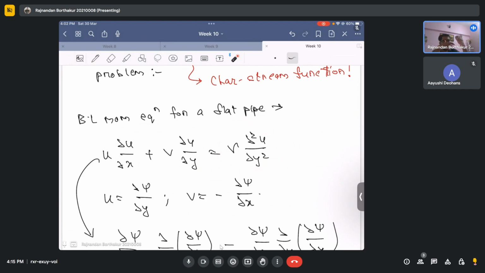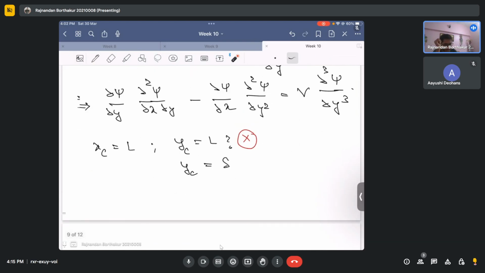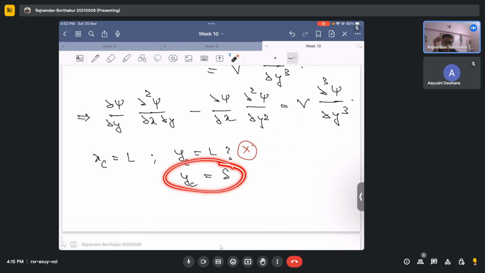This apparent mismatch between theory and experimental results is the D'Alembert paradox, which means you cannot apply potential flow theory in the analysis of boundary layers and high speed flows. Although I didn't explicitly show it here, that is why there is a correction to the scaling of yc, and you say that yc scales as delta.